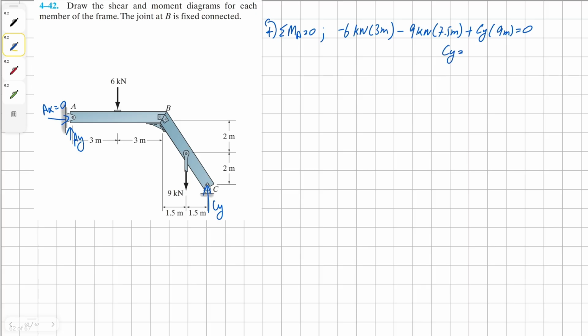Solving for CY, we get our solution as 9.5 kilonewton. And now we can sum the forces in y direction to find our solution for AY. We're going to have positive AY, negative 6 kilonewton, negative 9, and positive 9.5, all equals to 0. Solving for AY, we get our solution as 5.5 kilonewton.